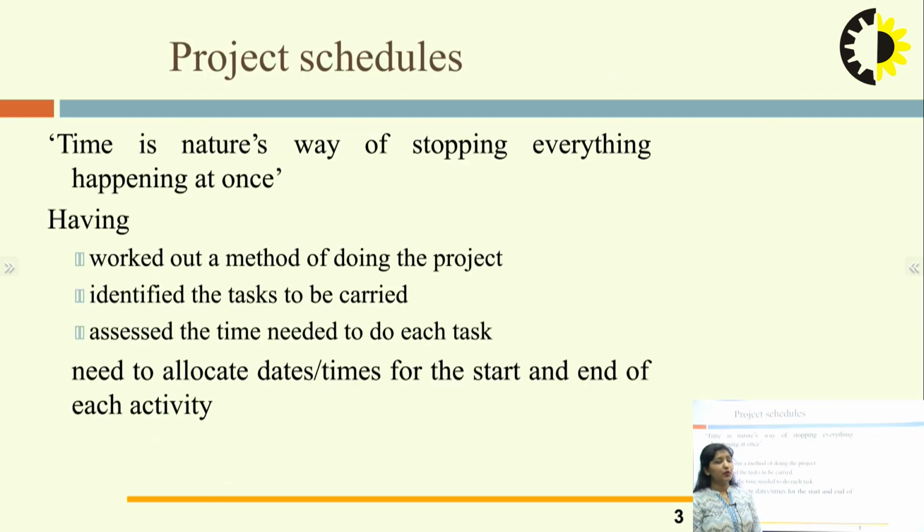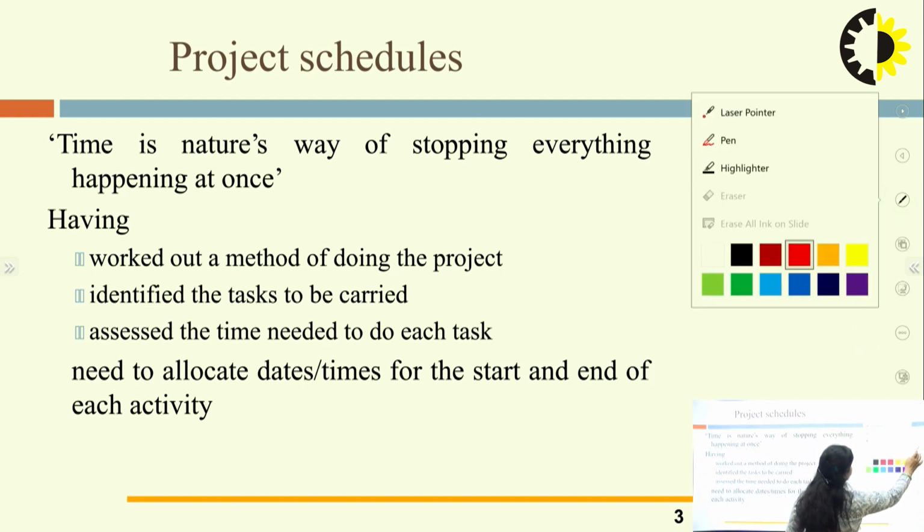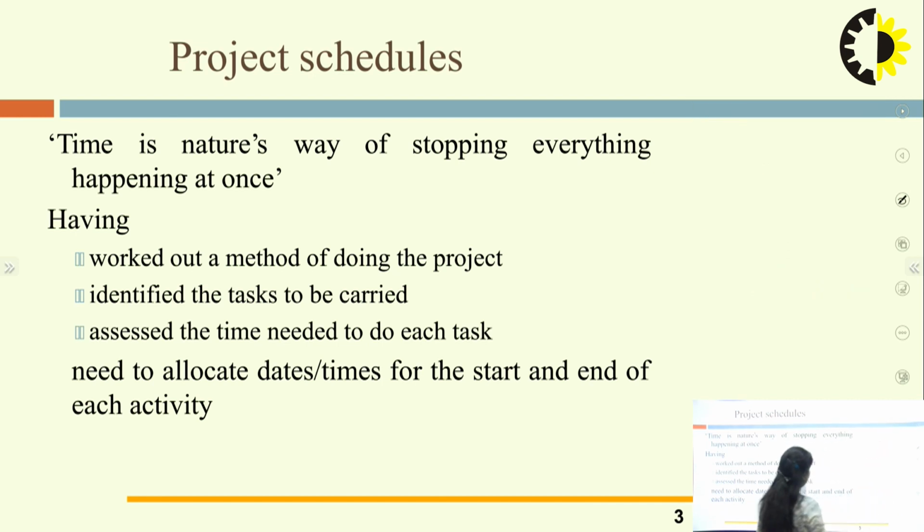Now next comes the project schedule. So what are the project schedules during which it will be done? First, we work out a method of doing the project, so that the project can be completed successfully. After that, we need to identify the tasks that are required to be carried out.